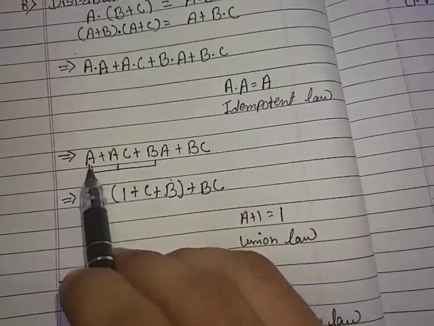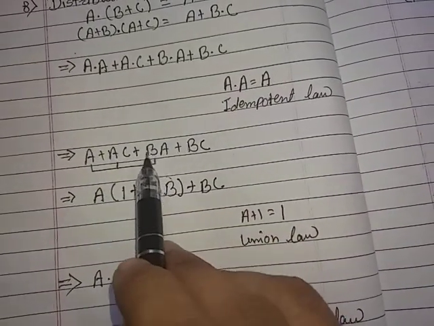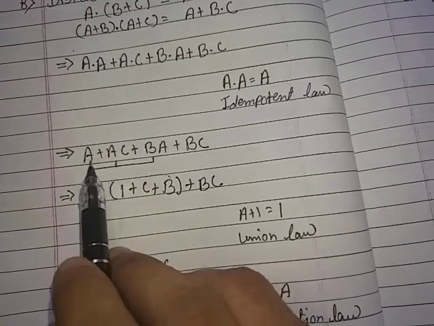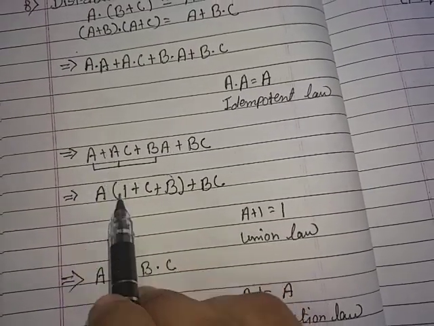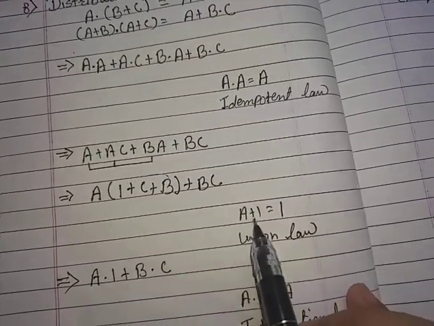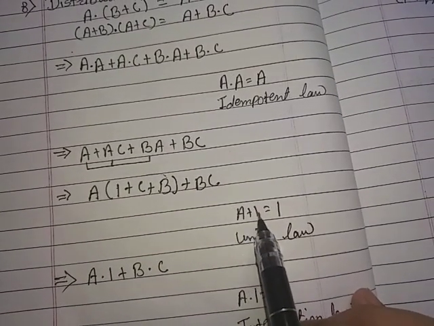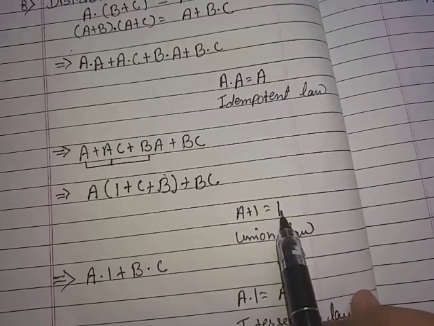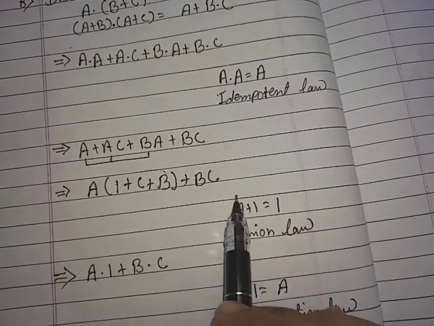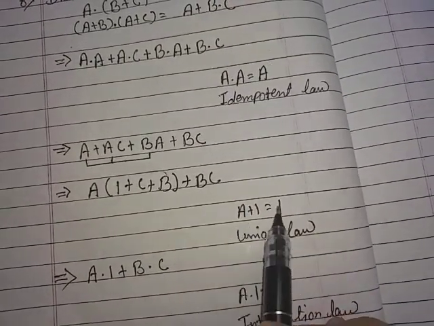Now from these three terms I took A as a common. So what is remained? A dot (1 plus C plus B) plus BC. Now we know that from union law 1 plus A or A plus 1 is equal to 1. So 1 plus anything is equal to 1.